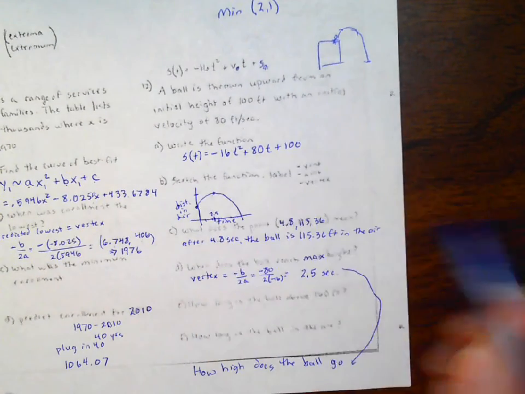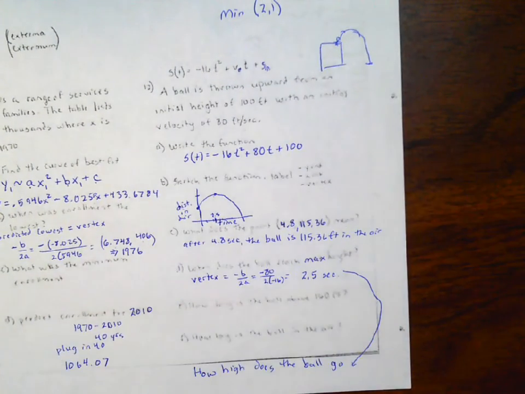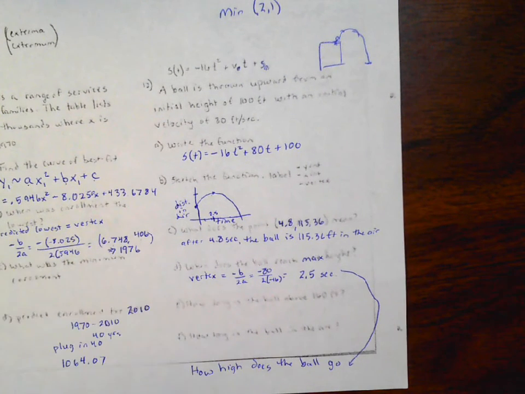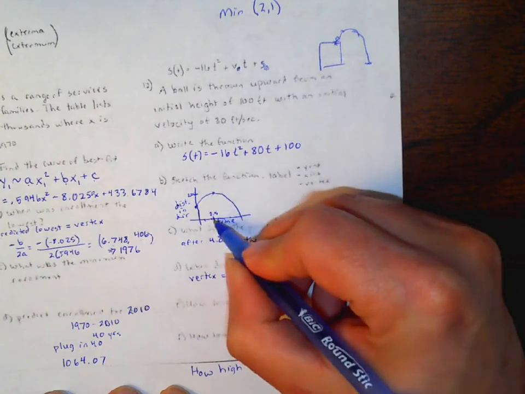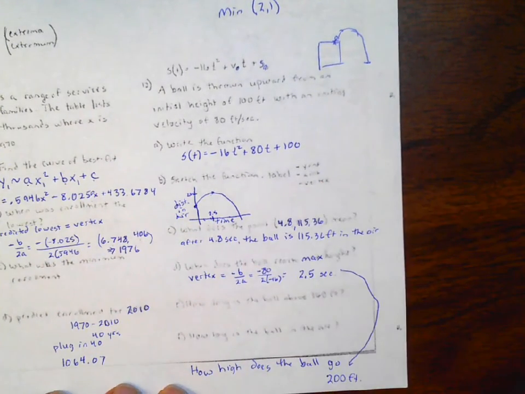So I can take that 2.5 and plug it in: negative 16 times 2.5 squared plus 80 times 2.5 plus 100. It goes 200 feet in the air. At 2.5 seconds, it's 200 feet in the air.